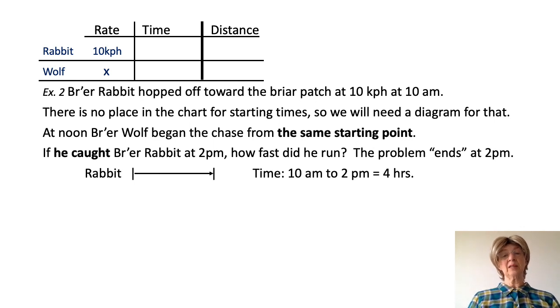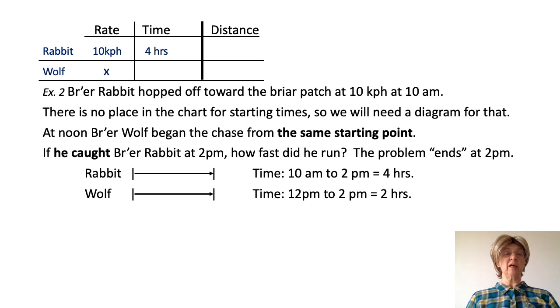So here's a diagram to include the times. The rabbit ran from 10 a.m. to 2 p.m. for a total of 4 hours, and the wolf ran from 12 p.m. to 2 p.m., which was only 2 hours.